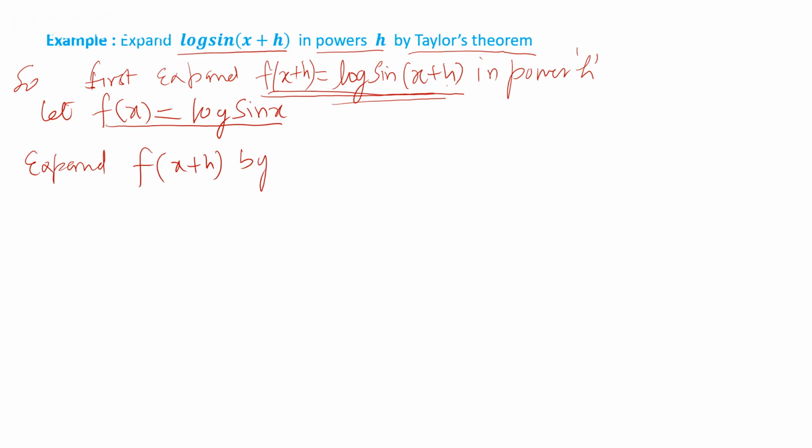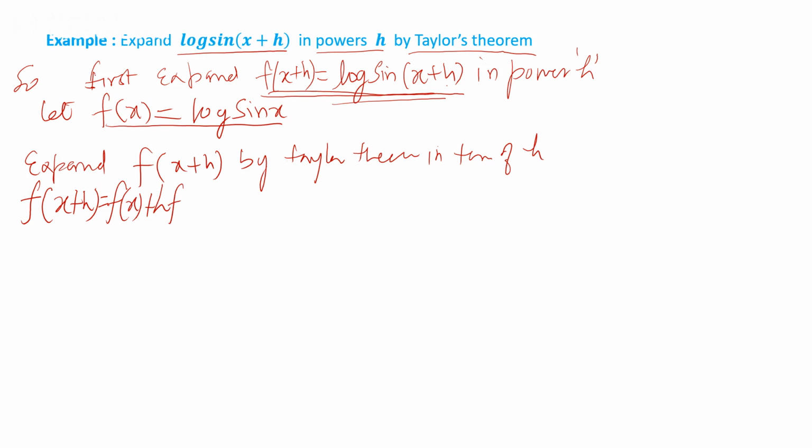If you remember Taylor's theorem in terms of h, we write f(x plus h) is equal to f(x) plus h f dash x plus h square by factorial 2 f double dash x plus h cube by factorial 3 f triple dash x, and up to infinity.